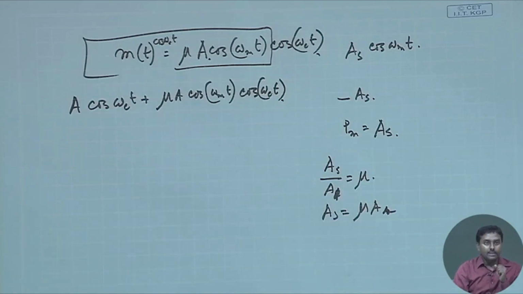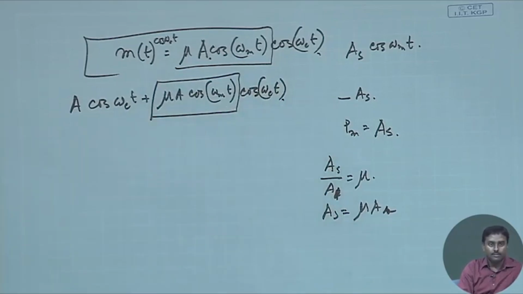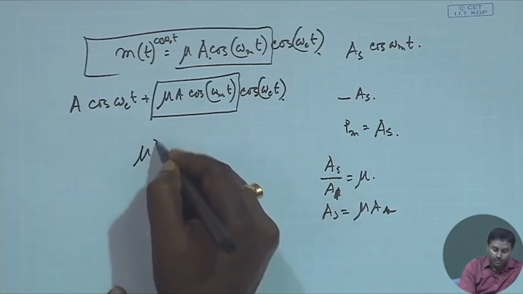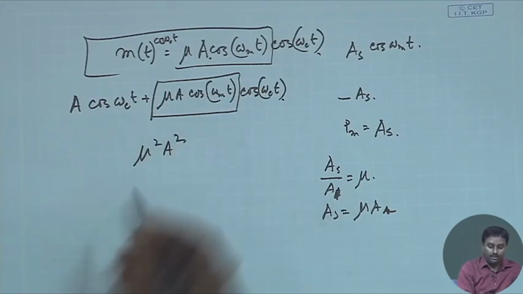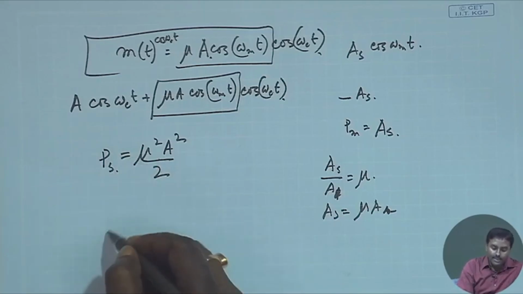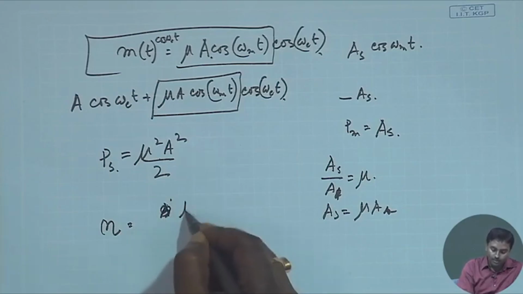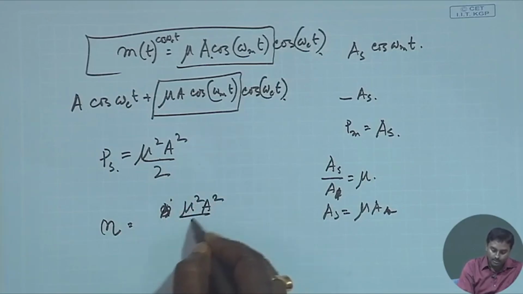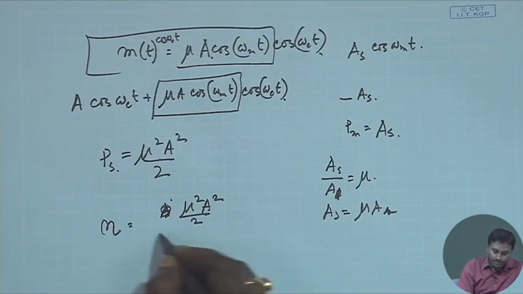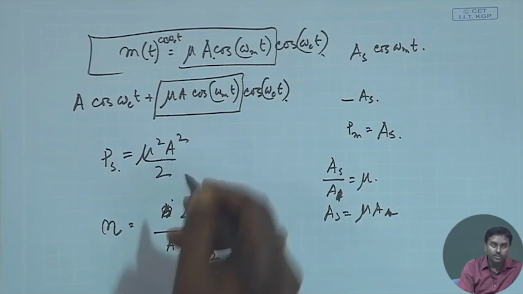In this case, for the message signal, which is this part, what is the power of it? It is mu square A square divided by 2. That is the power of the message signal, which I can call PS, and immediately I can evaluate the efficiency, which is mu square A square by 2 divided by A square plus mu square A square by 2, according to that formula.